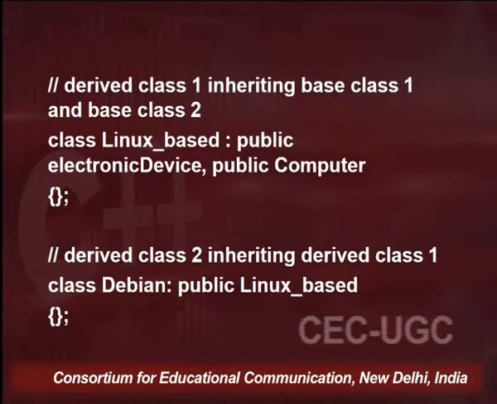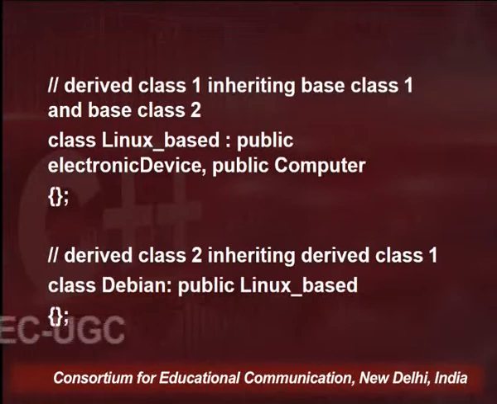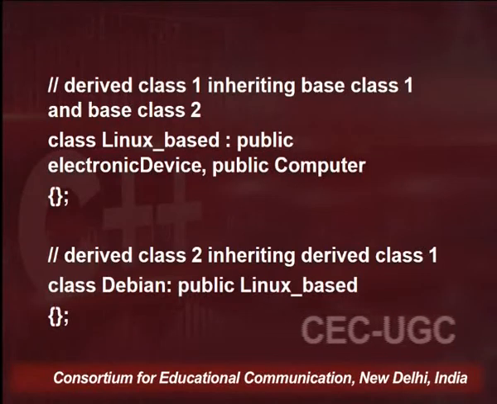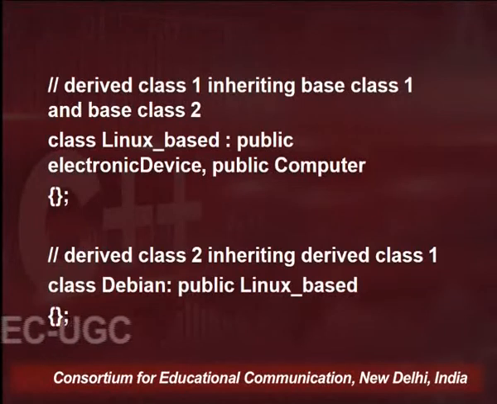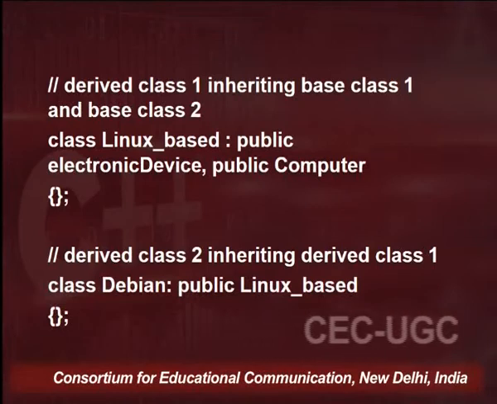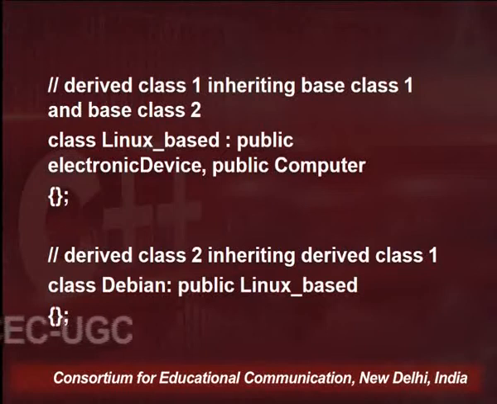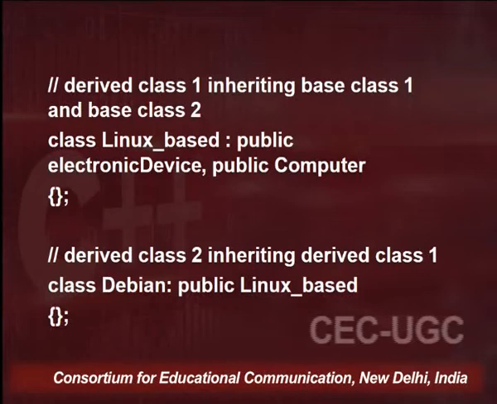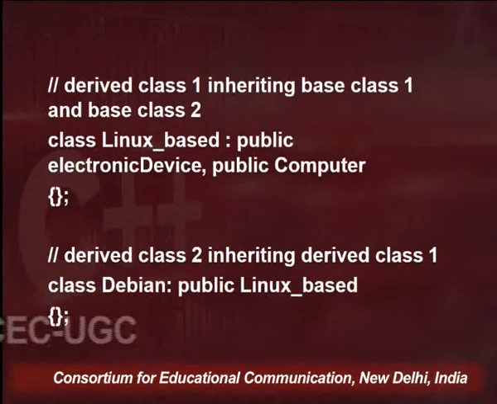So we have one derived class which is named LinuxBased, and it is inheriting the two base classes already defined, which are ElectronicDevice and Computer. Now coming to the visibility mode, this derived class LinuxBased is inheriting ElectronicDevice using the visibility mode public, and it is also inheriting the base class Computer using the visibility mode public.